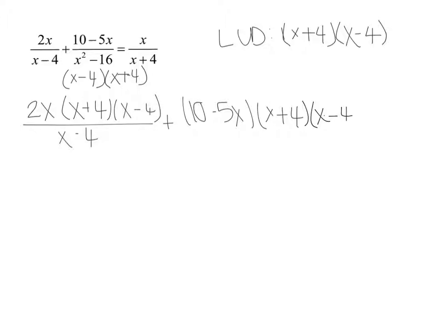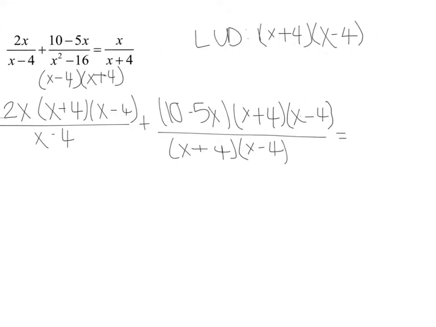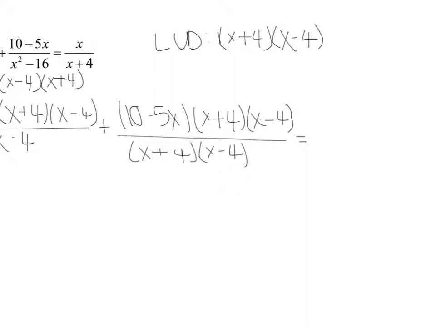I'm going to go ahead and put it over the factored denominator, which is x plus 4 times x minus 4. And then it equals x times x plus 4 times x minus 4 over x plus 4.